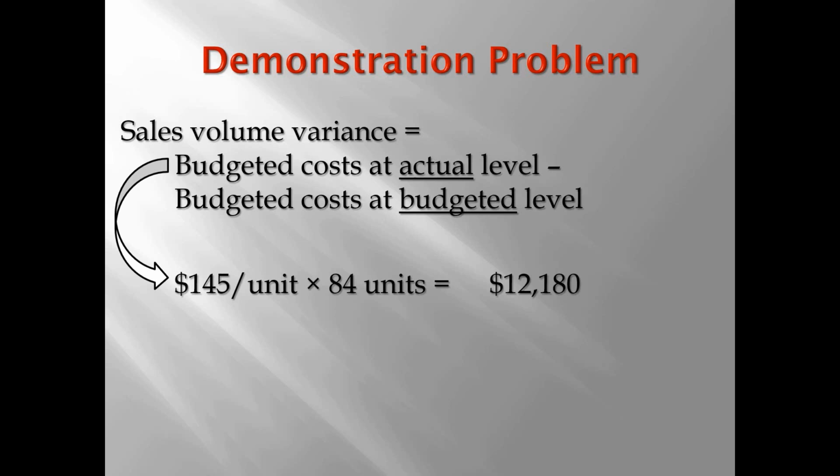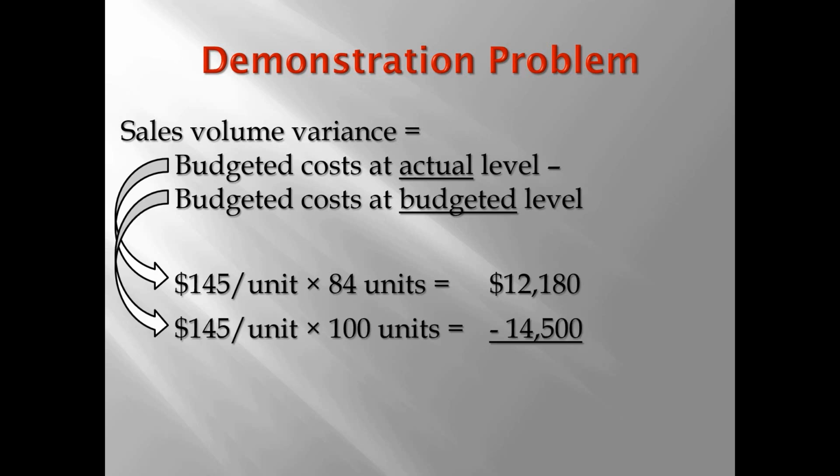The variable cost for the actual level of activity is $145 per unit times the 84 units that were actually made. The budgeted cost at the budgeted level of activity is the same $145 per unit times the 100 units that were expected to be made.